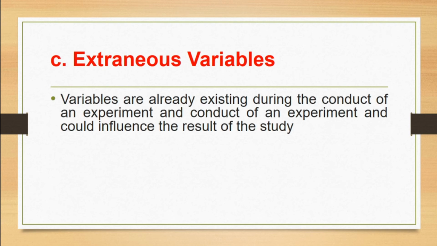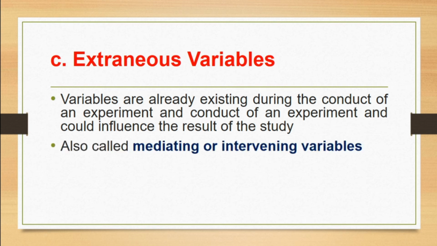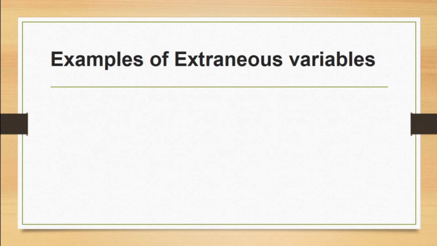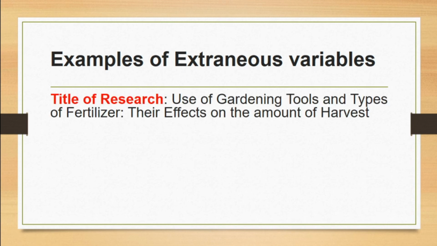Ang extraneous variables are already existing during the conduct of the experiment and could influence the result of the study. It is also called as the mediating or intervening variables, known also as the covariate variables. So, example ng extraneous variables, ganito siya. For example, the title of the research is Use of Gardening Tools and Types of Fertilizer, Their Effects on the Amount of Harvest.